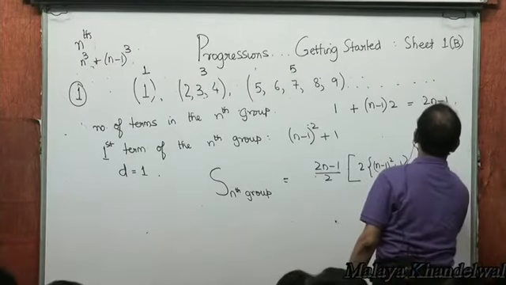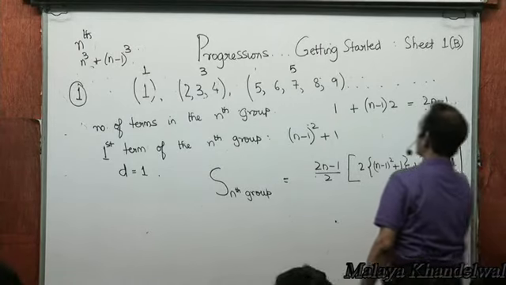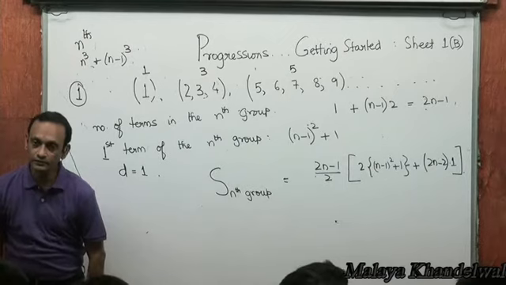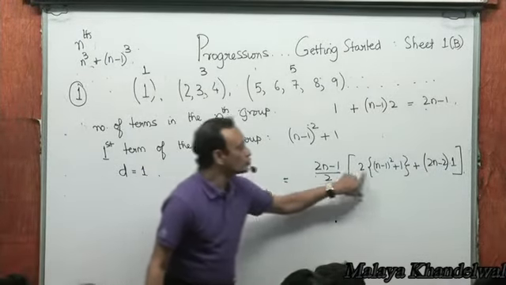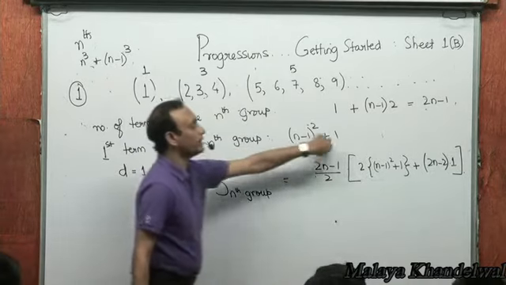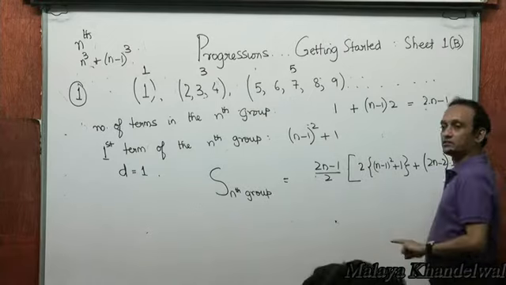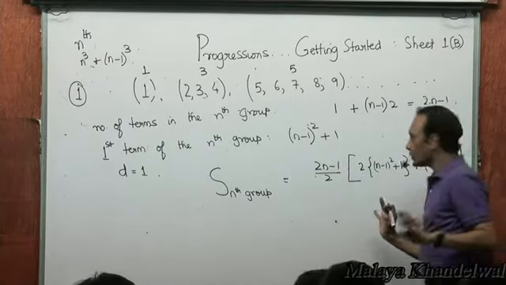That means (2n minus 2) into d. Yes or no? Right? Number of terms by 2, n by 2, into 2a plus (number of terms minus 1) into common difference d. Yes or no? We just need to simplify matters here, right?